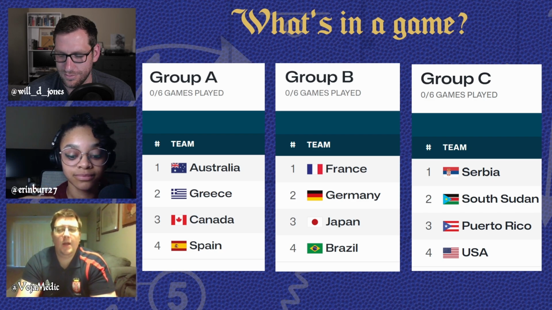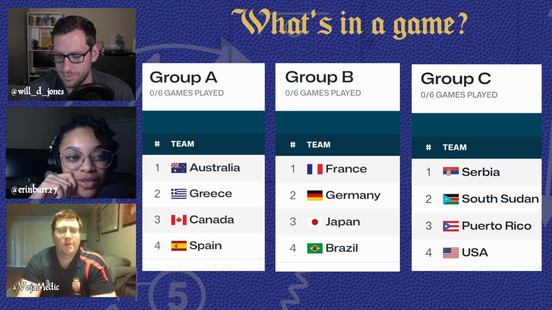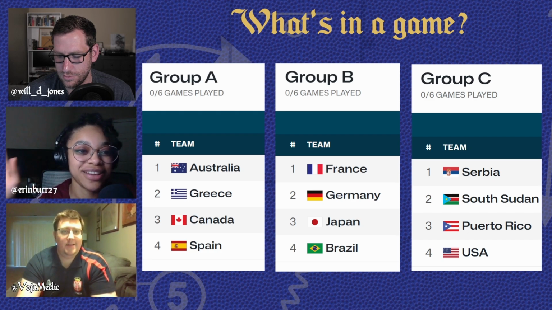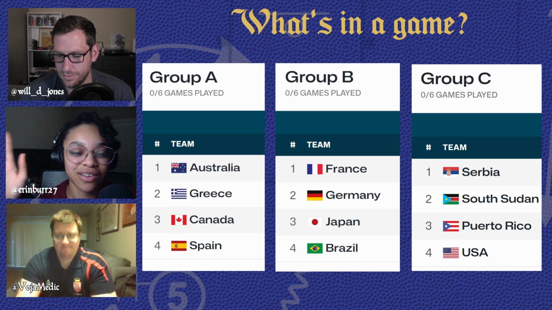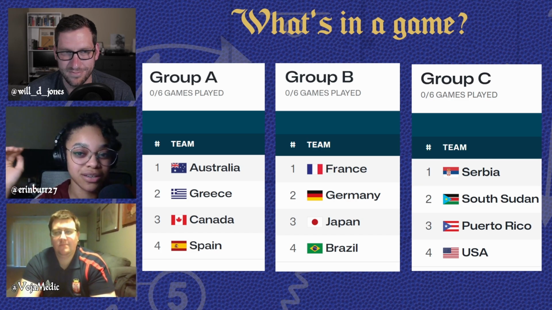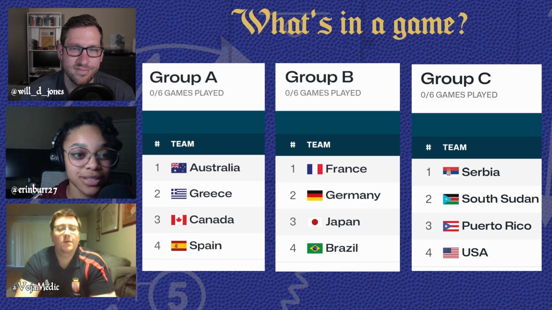There's no easy out. Australia maybe isn't as strong as it used to be, but there's no guaranteed blowout that lets you rest and helps in point differential. All of these teams are at minimum competent against this level of competition.